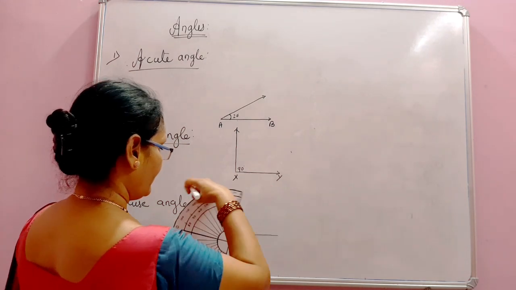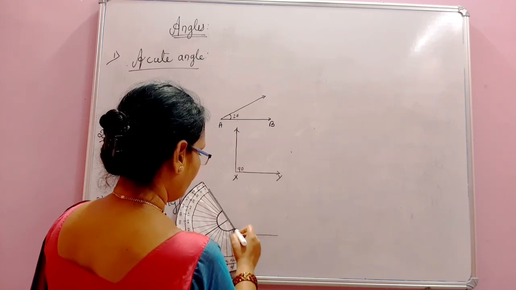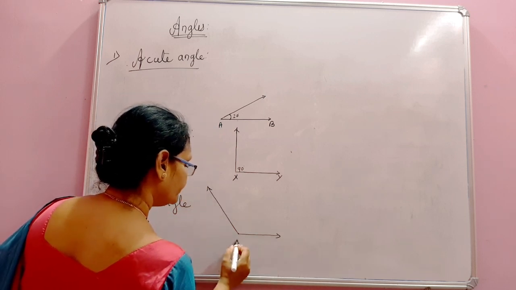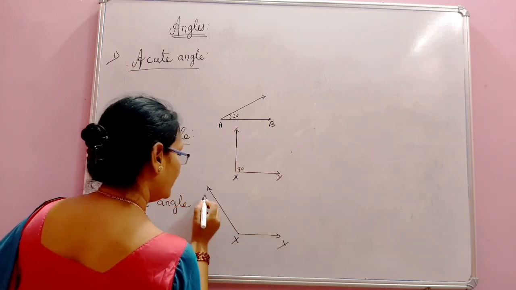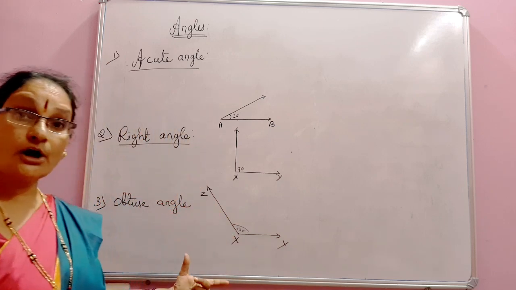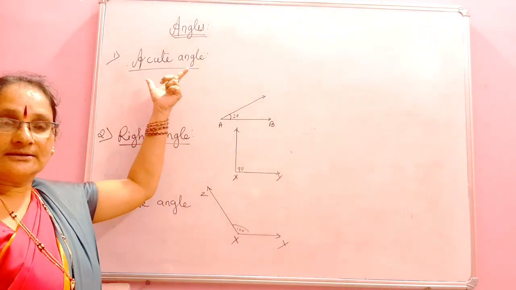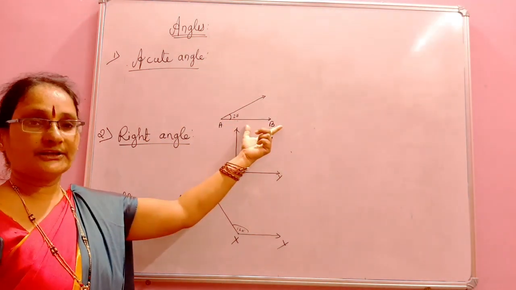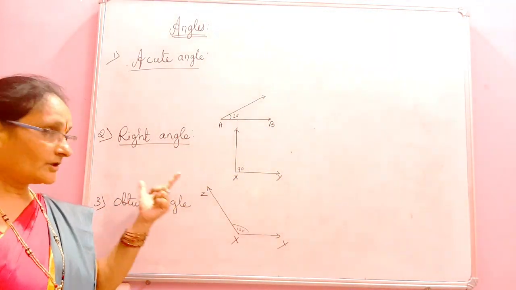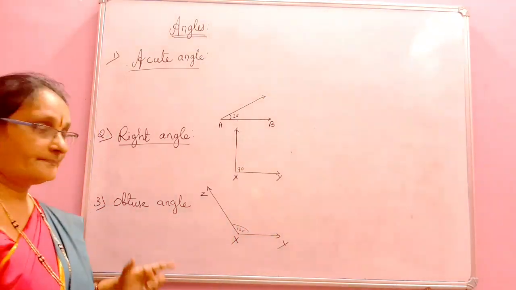This, with points x, y, z, is 120 degrees. This is an obtuse angle. So less than 90 degrees is acute, exactly 90 degrees is a right angle, more than 90 and less than 180 is obtuse.